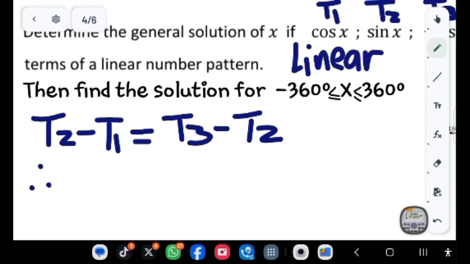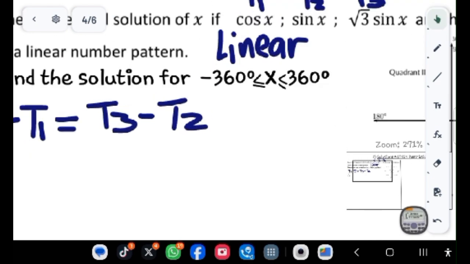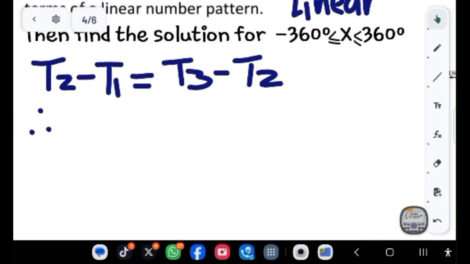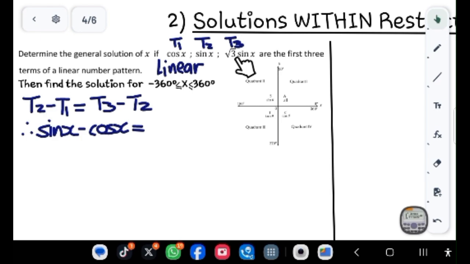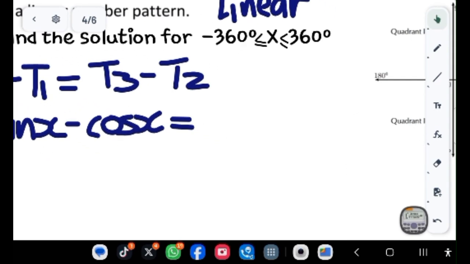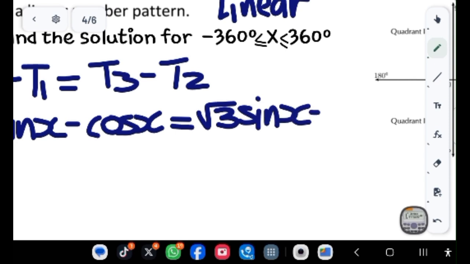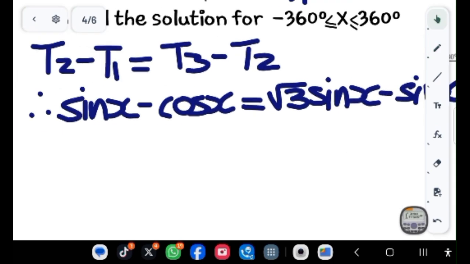So now, therefore, we take term number 2, that's sin x minus cos x, equals term 3, which is square root of 3 sin x, minus sin x.